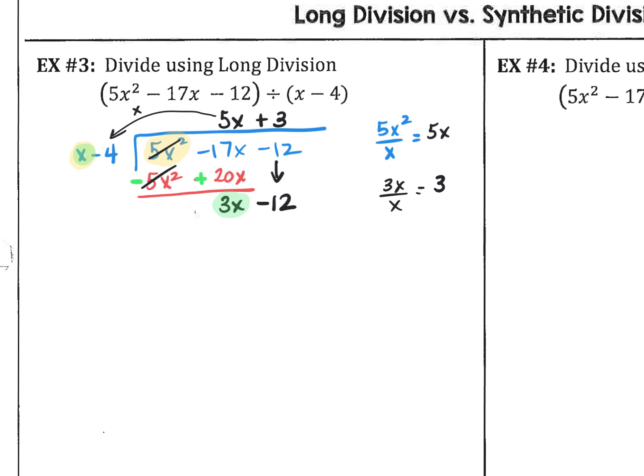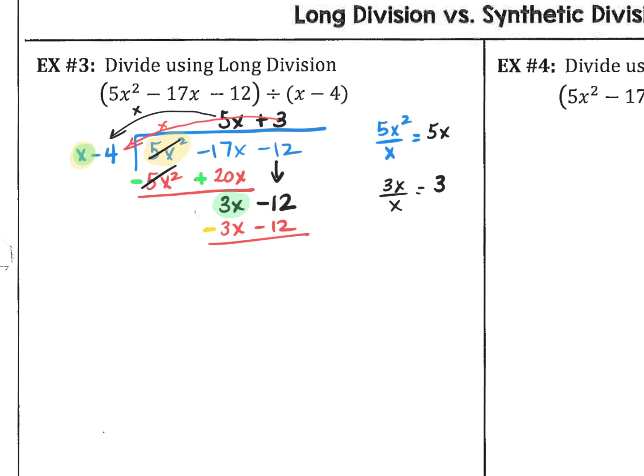Now guess what we do? We are now going to take this and multiply. 3 times x. 3 times negative 4. And we're going to subtract. What do we do to subtract? We simply change the signs and add, don't we?